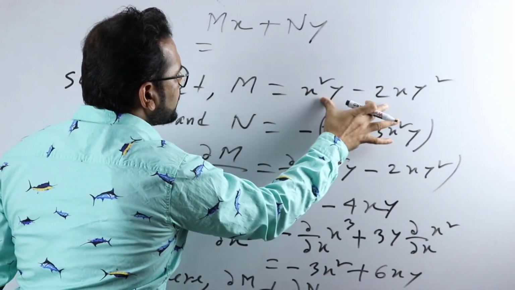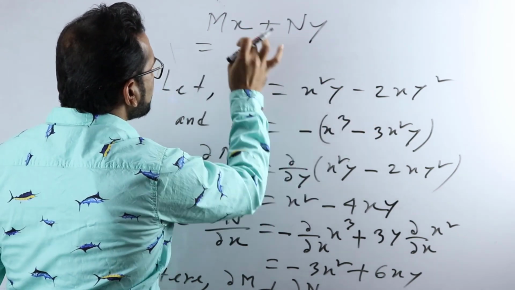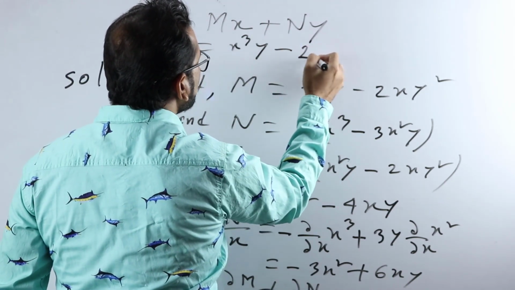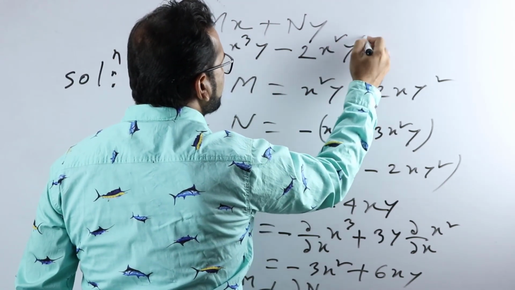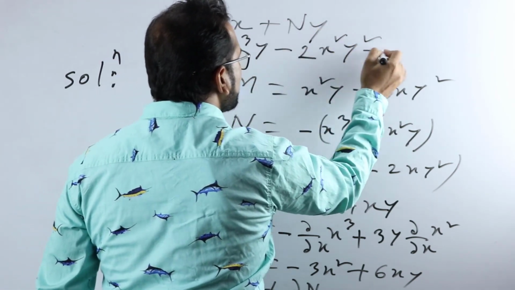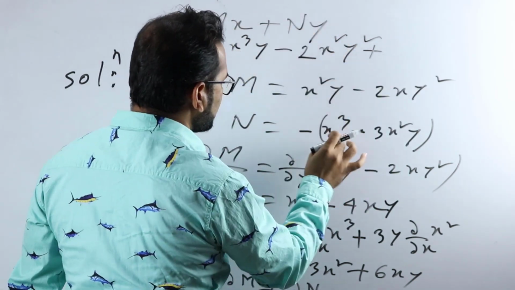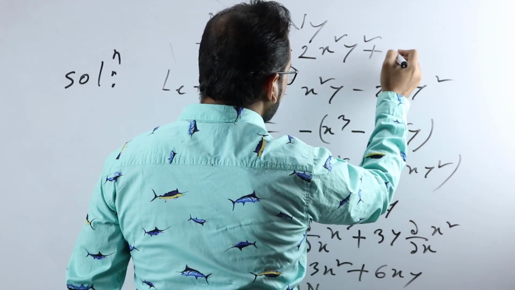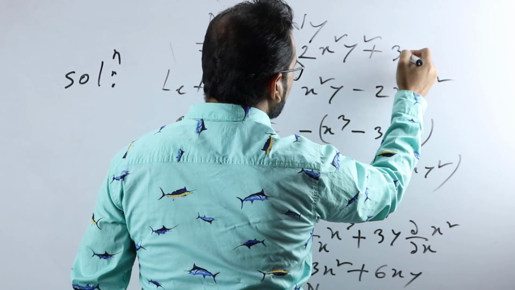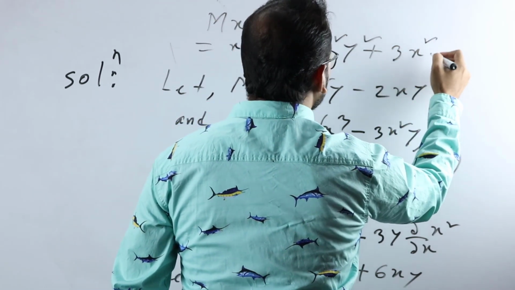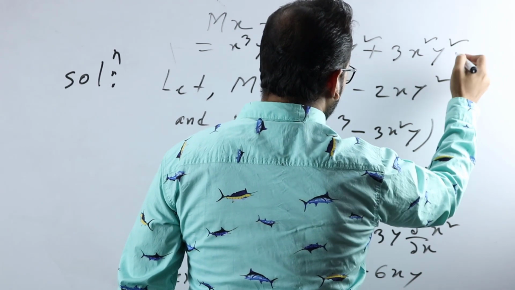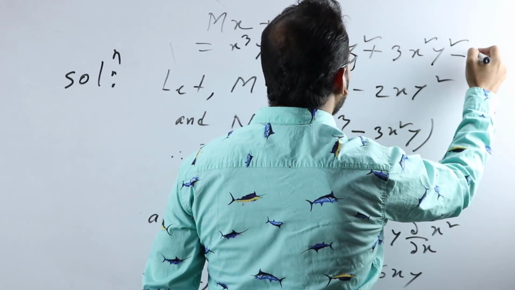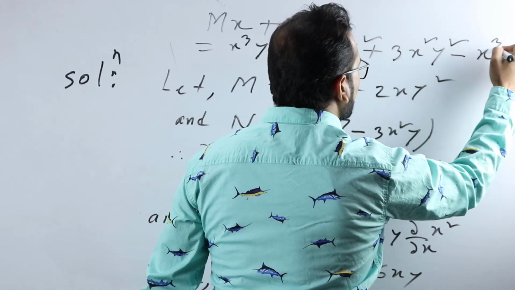Here M is this term, so we have to multiply this term with x, so it will be x cube y minus 2x square y square, plus N is this term, so multiplying by y, it will be 3x square y square minus x cube y.